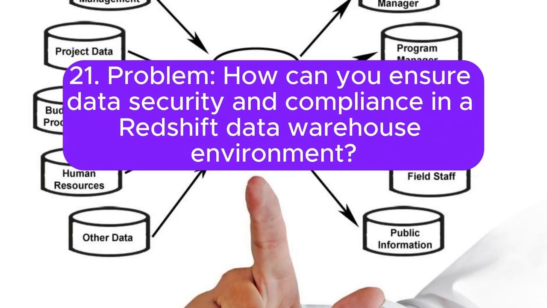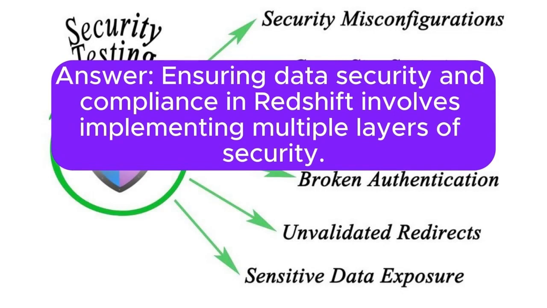21. Problem. How can you ensure data security and compliance in a Redshift data warehouse environment? Answer. Ensuring data security and compliance in Redshift involves implementing multiple layers of security.